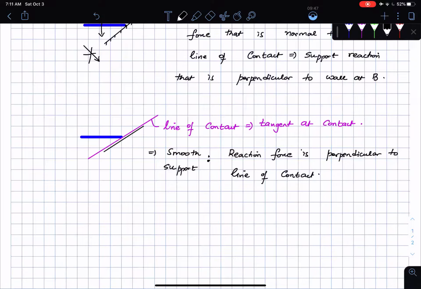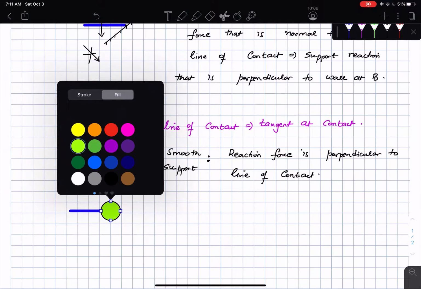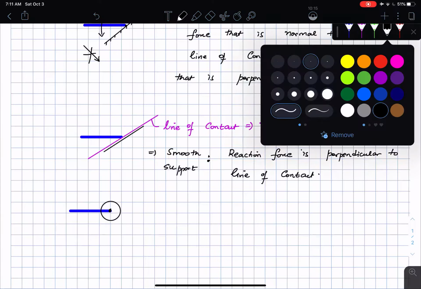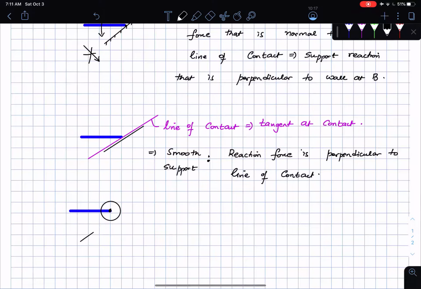I can draw the situation in the following form. Okay, so I can just take that. Let me take this piece of beam here. Okay, then let me say, okay, I have some kind of a roller support here. Let me make sure that this beam is the one that is seen in the front, or I guess I have to not fill it. Okay, so let's say that this is the roller support, and then let's say that, okay, there is some kind of a wall here.